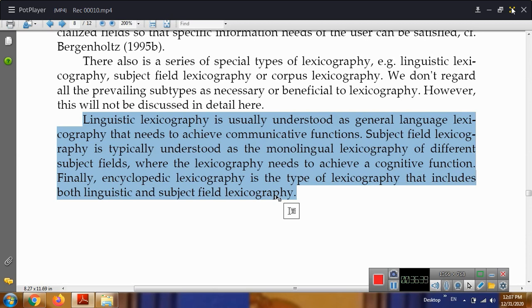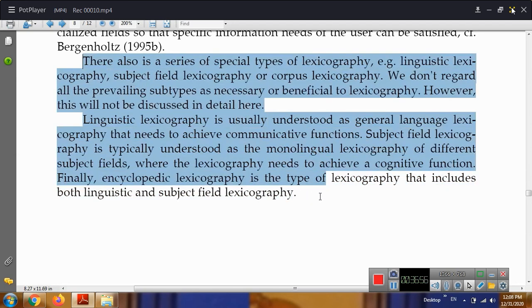Therefore, when you want to summarize this article, you should mention the different definitions of lexicography and its types. This paragraph is important too, which defines the types of lexicography: linguistic lexicography, subject field lexicography, and corpus lexicography. Linguistic lexicography is usually understood as general language lexicography, which needs to achieve communicative functions.